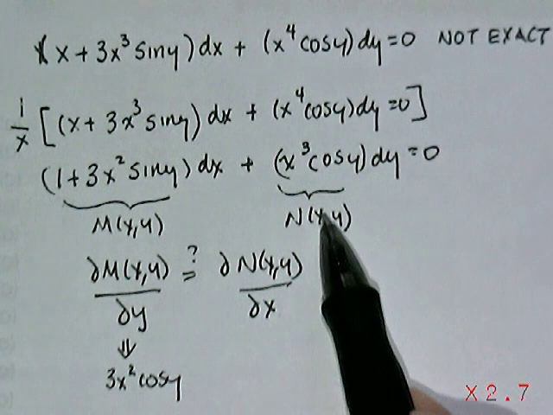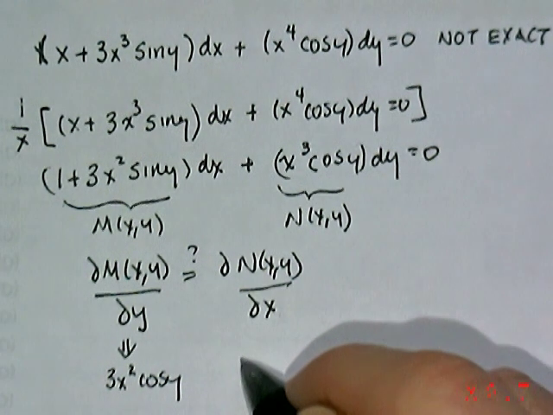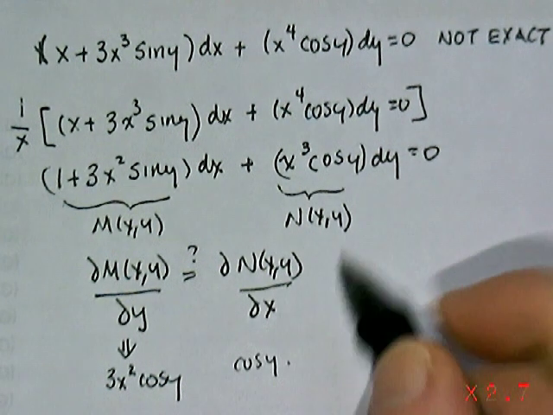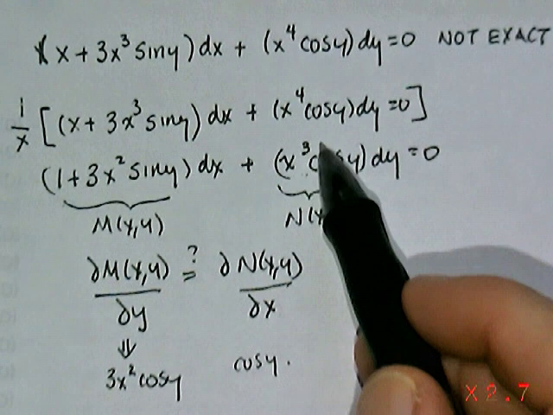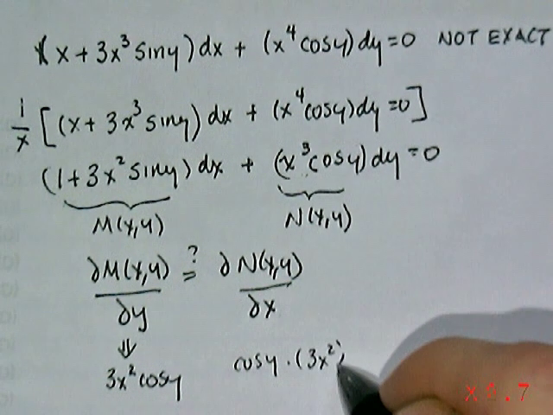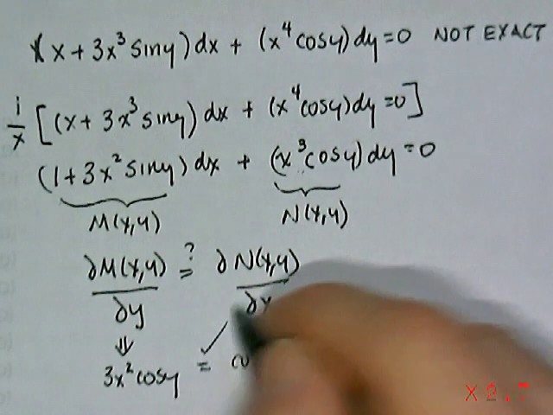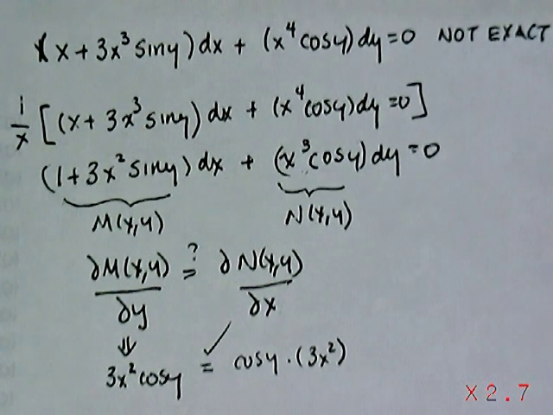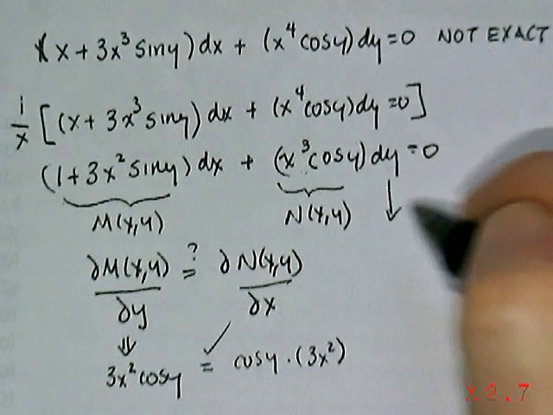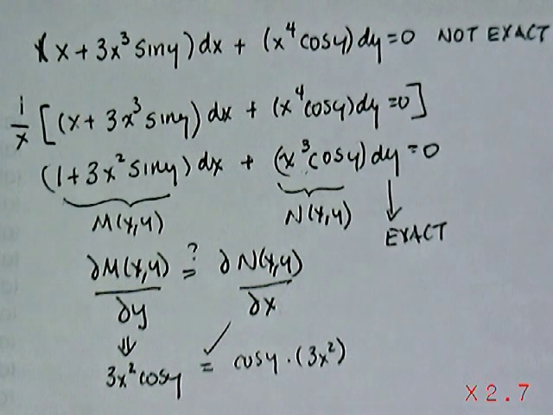Any y terms are treated as constants. So cosine y is a constant in this case. So this would be cosine y times what? Taking the derivative of x cubed with respect to x would give you the quantity 3x squared. And lo and behold, those are equal. So therefore, this slightly modified equation from the previous one is exact.